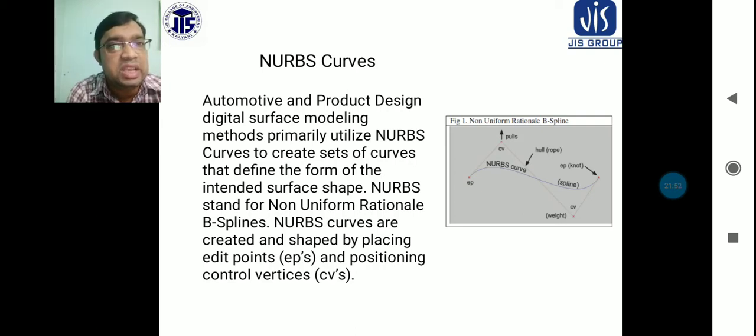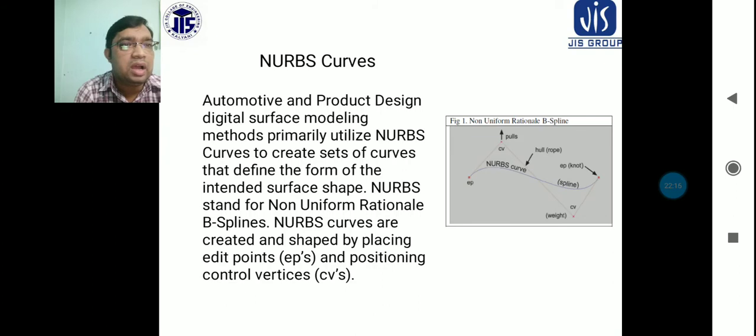The lower part is the EP, and the weight is given here, that is the CV, and also a curvature is found here. Basically this comes from the four points: the push, the CV and the NURBS curves, and also the hull.